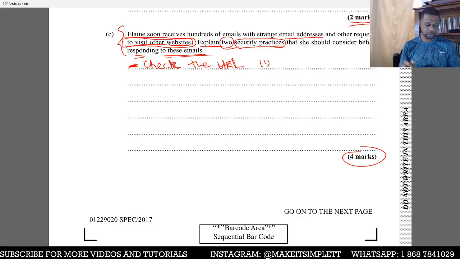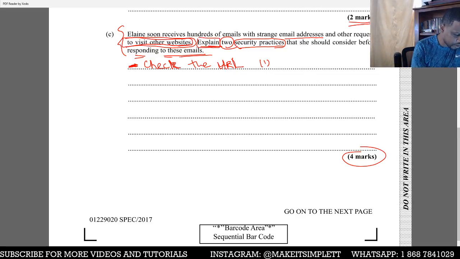Right, so check the URL. Now, whenever you see the word explain, tell yourself you're going to have to give a statement and then write some words underneath it.